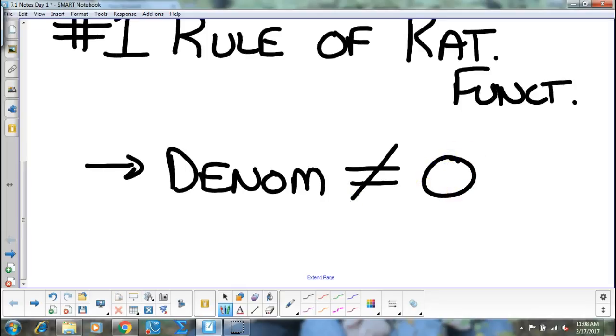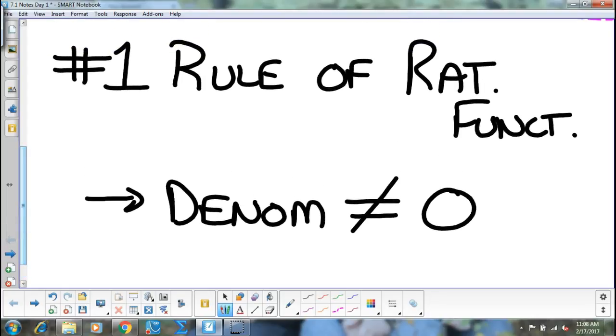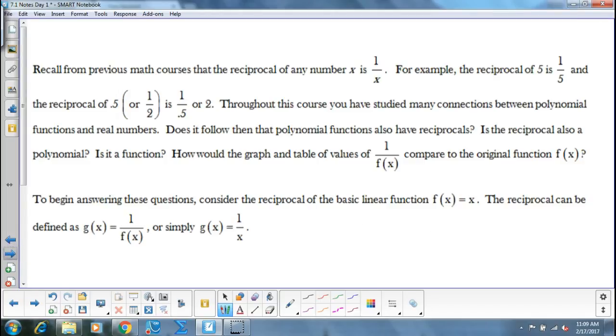Yes, you should write that down. Because for every problem from now at least until spring break, the first thing you're going to determine is when that function is undefined. And you're going to do that by setting the denominator equal to 0 and solving it. It's rule number 1 of rational functions. Your denominator cannot equal 0.